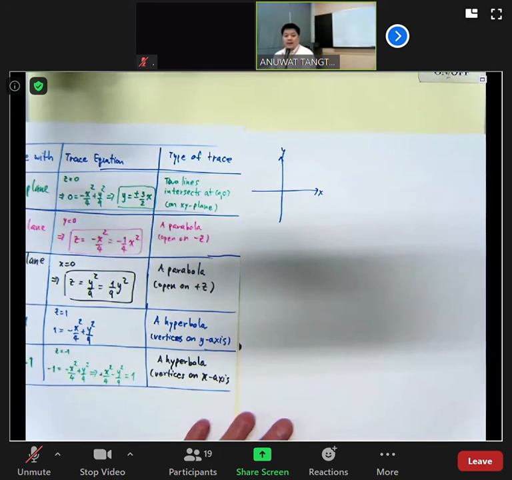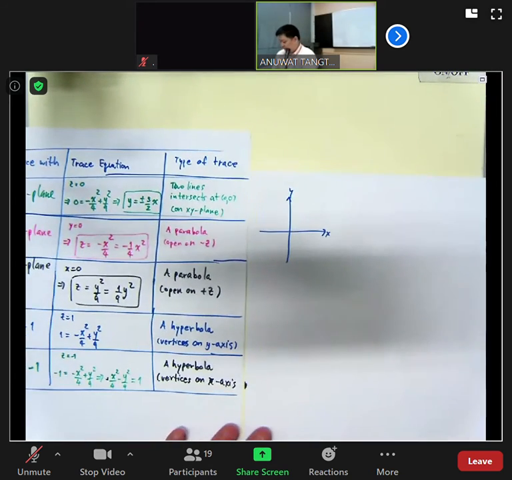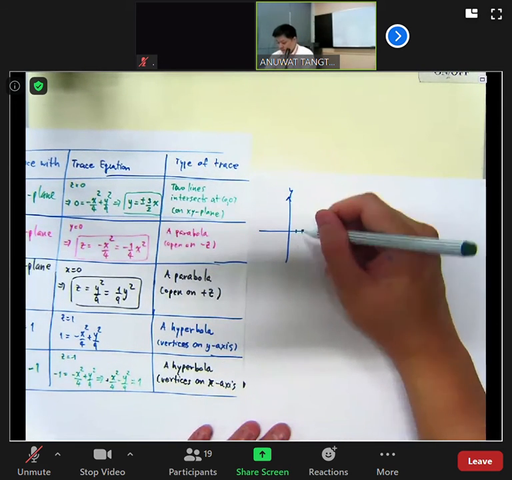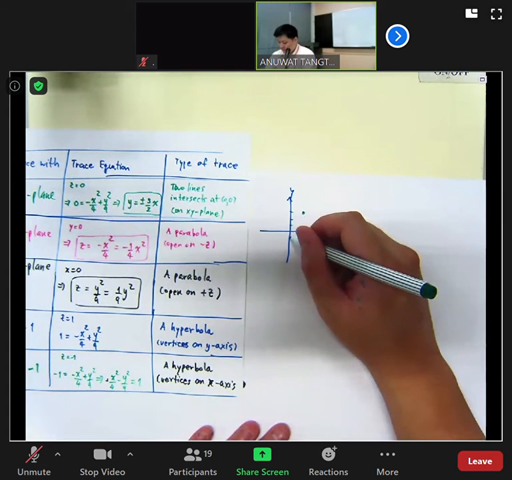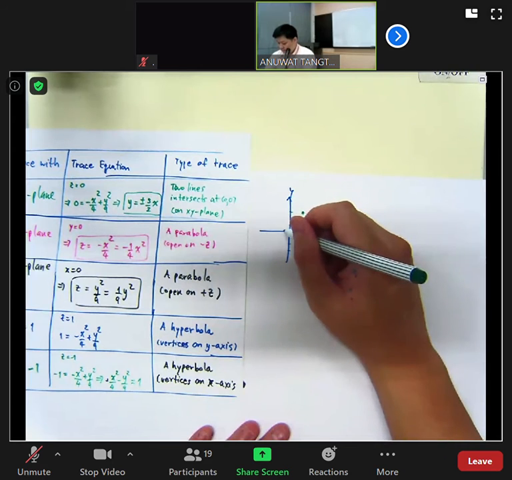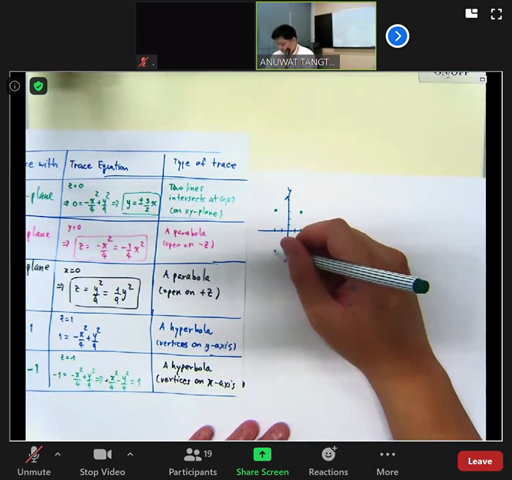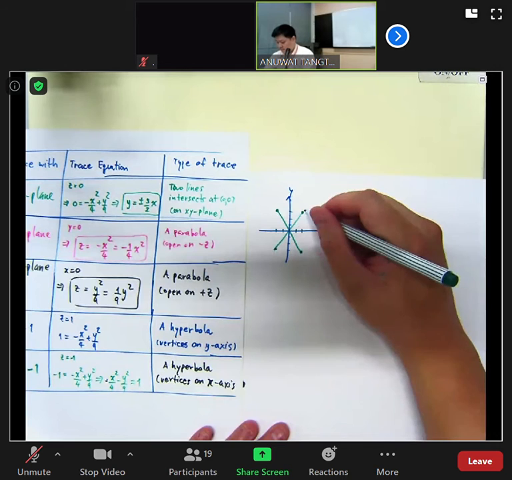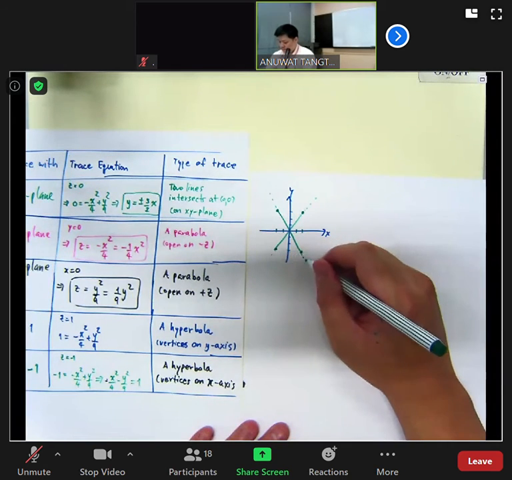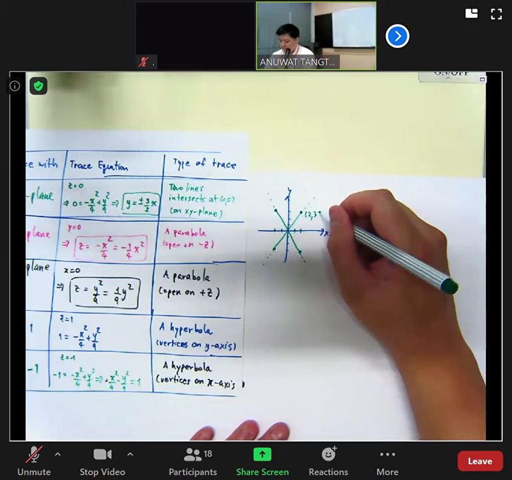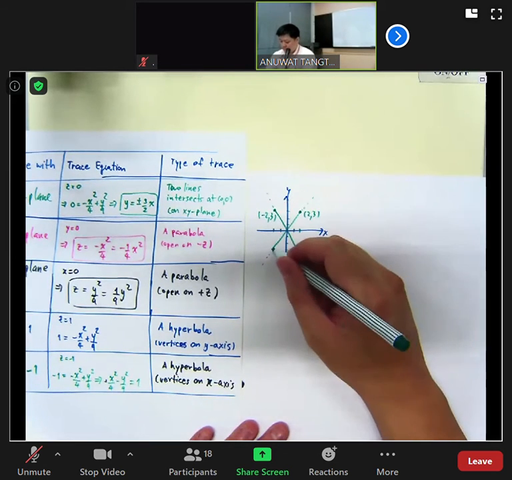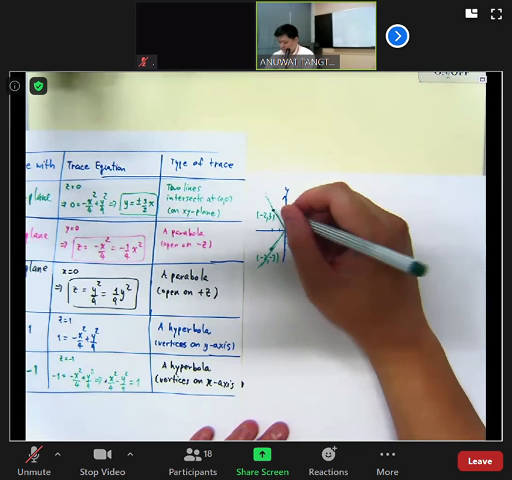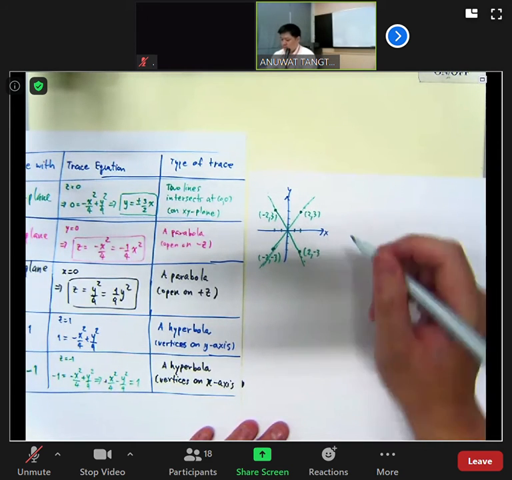On the xy plane, it becomes 2 lines passing through the point x equal to 2, y equal to 3. This is on the xy plane.